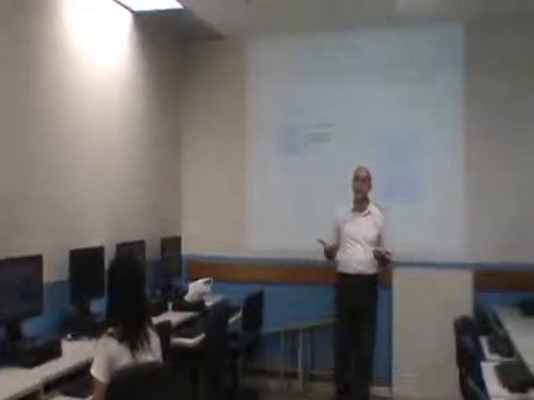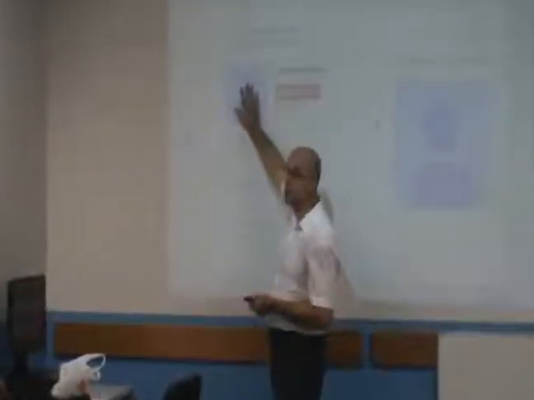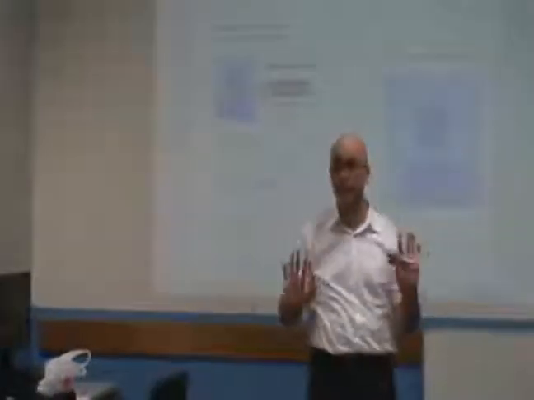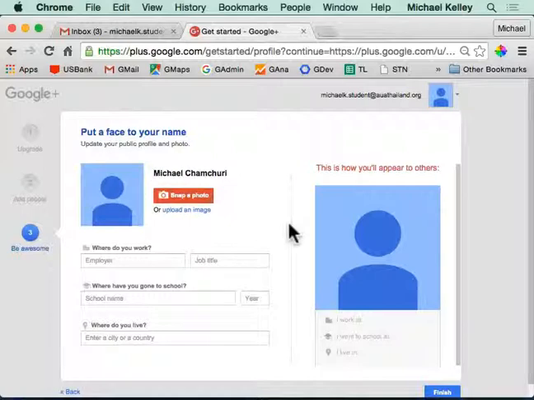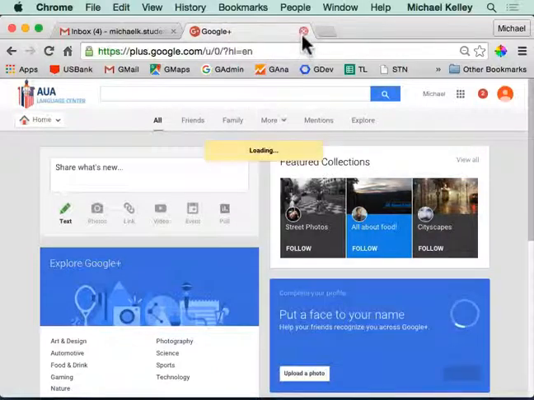Don't do it now, but I suggest when you get home, you sign into your account and put your photo here. You'll see why in a minute, but don't worry about doing that now. Okay, so we're finished with Google Plus. So finish, good. And then that's saved your profile.